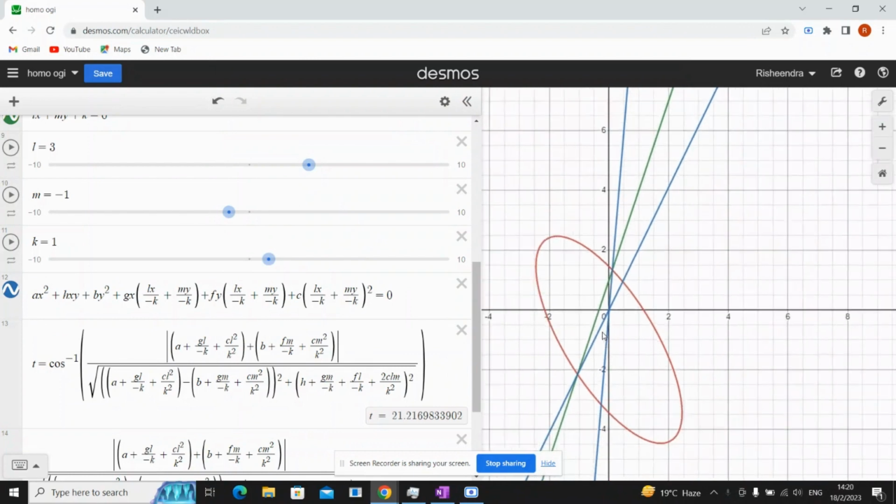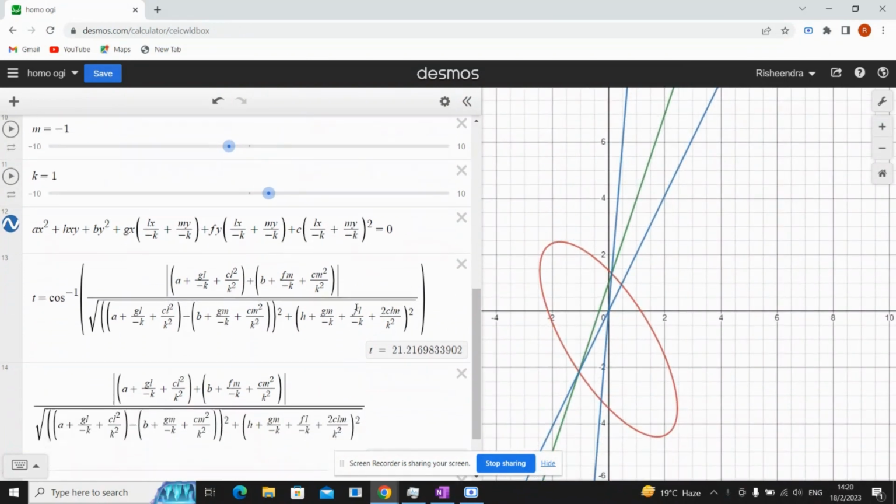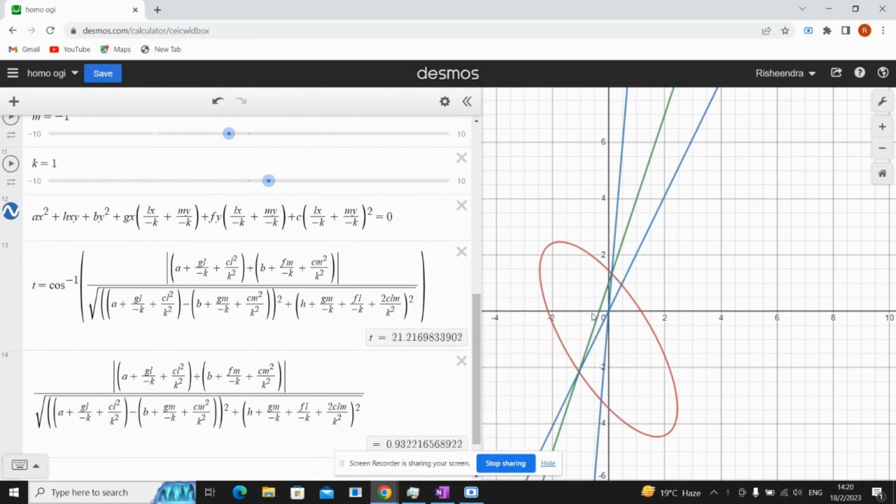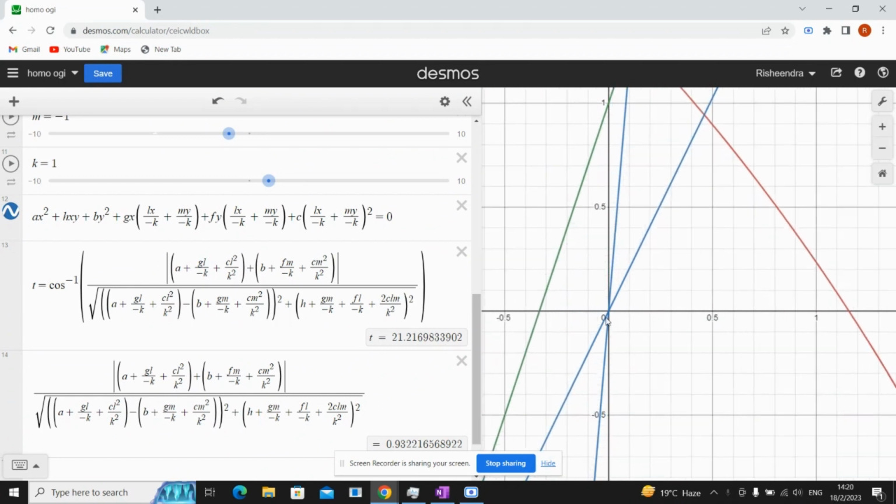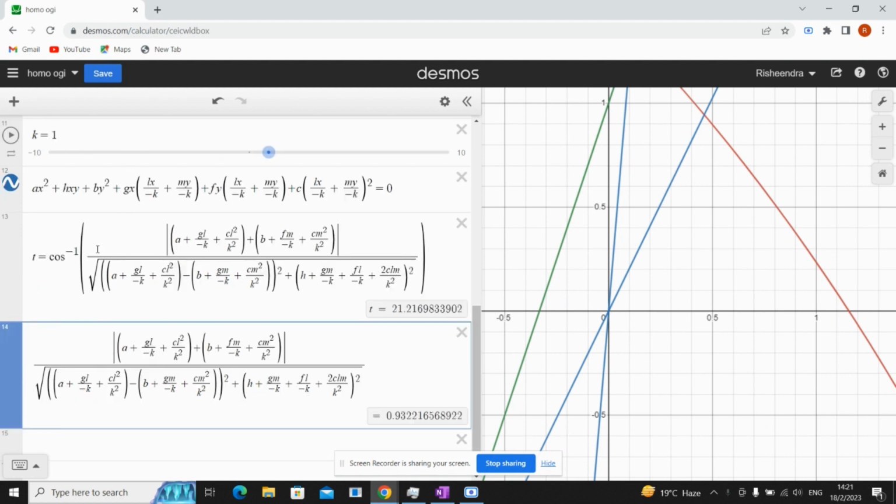Okay, there we go. Here, look at this. We got the angle between the two straight lines. See, similar to here, theta says 21 degrees, and the equation I got for cos theta, the value of a plus b by root a minus b whole square plus 2h whole square, is 0.93, and cos inverse of 0.9321 is 21 degrees.